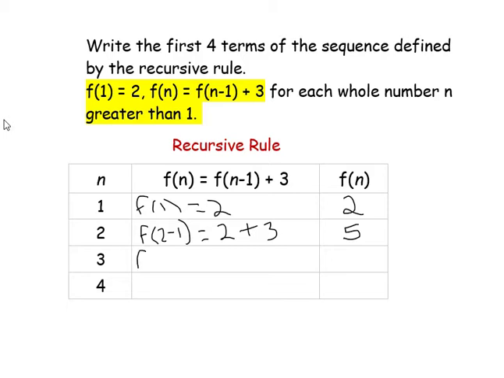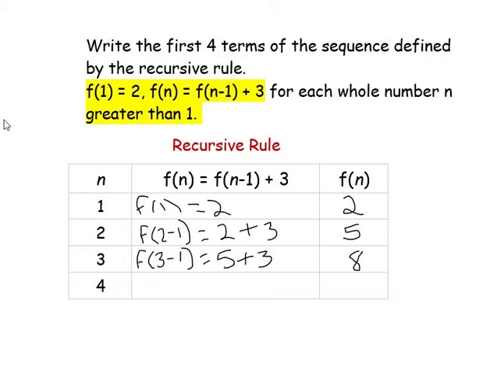F of 3 minus 1. Well, 3 minus 1 is 2. Once again, it's sending me to my previous term, term 2. So term 2 is equal to 5. Therefore, 5 plus 3 is 8.